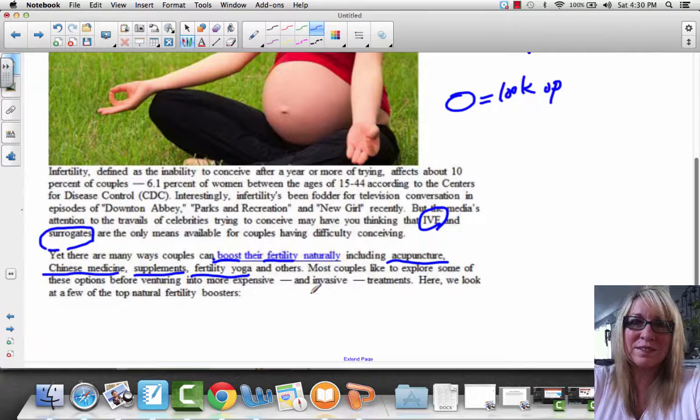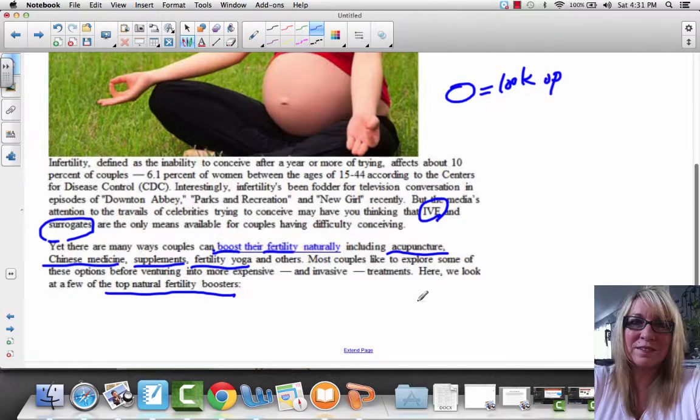Most couples like to explore some of these options before venturing into more expensive and invasive treatments. Here we look at a few of the top natural fertility boosters. So we're going to look at top natural fertility boosters. That might be important as well. So now we can go back to our question. At least we know we have 3 different ones that we can choose here.